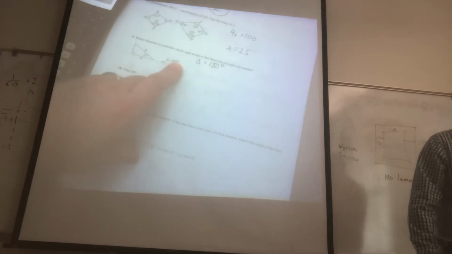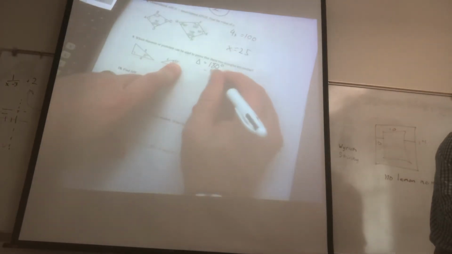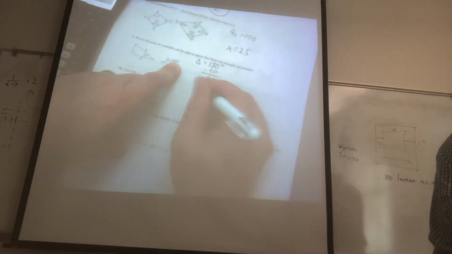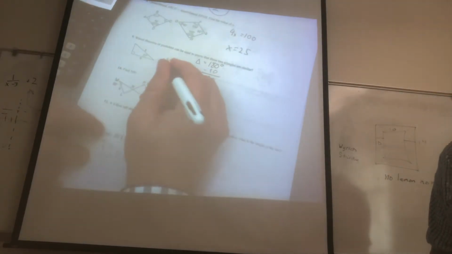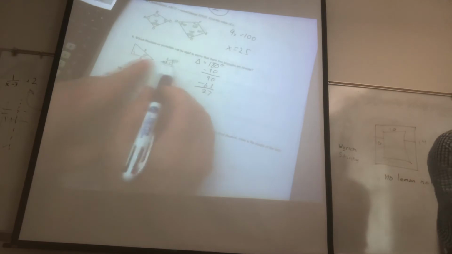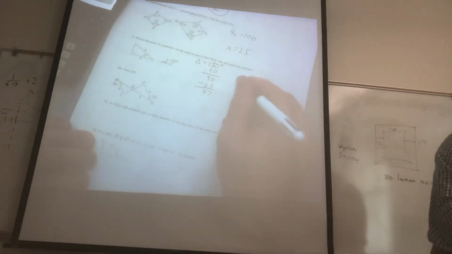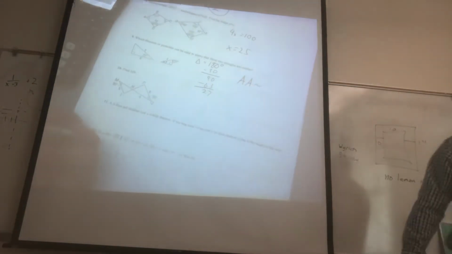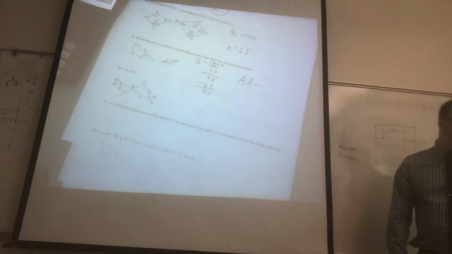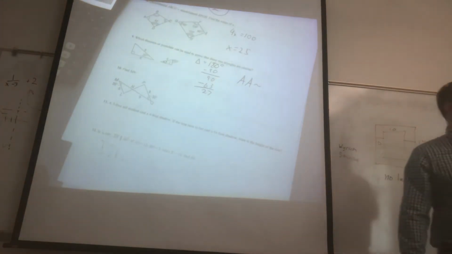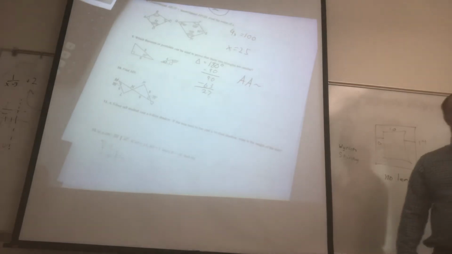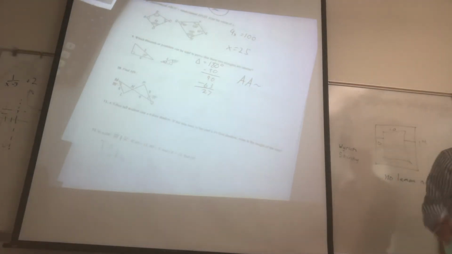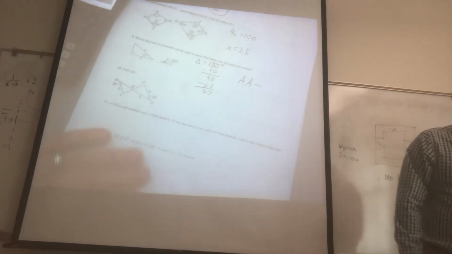If this is 90 and this is 63, we subtract 90, that's 90. We subtract 63, that's going to be 27, so this one's 27. At least 2 of the angles are the same. We have angle similarity. Don't forget about those others, the side angle side, and side side side if all the sides are in the same ratio. Those types of similarity, I think there's a couple of questions on the test.